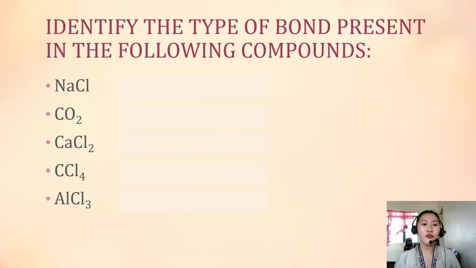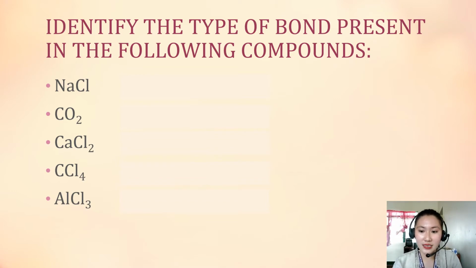Okay? So, first, let us have NaCl. So, yung una natin gagawin is to identify kung metal ba ang element na to, yung compound or non-metal. So, first, NaCl. So, si Na ba ay metal or non-metal? So, let's see. So, Na, according to the periodic table of elements, is an alkali metal.